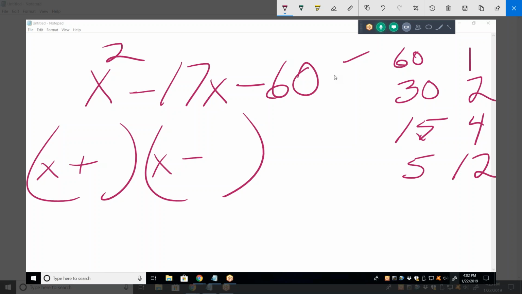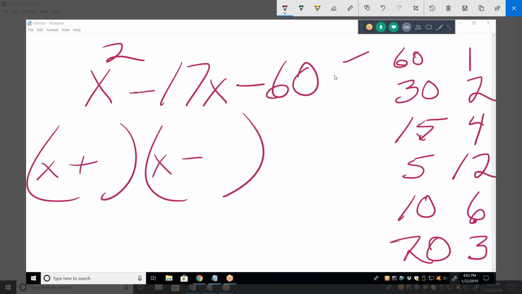Now, I can't cut 5 in anything. But I can cut 12 in half. So 6 and 10. And now I can cut 6 in half. 3 and 20. Boom. I have finally found my two factors that subtract to 17.